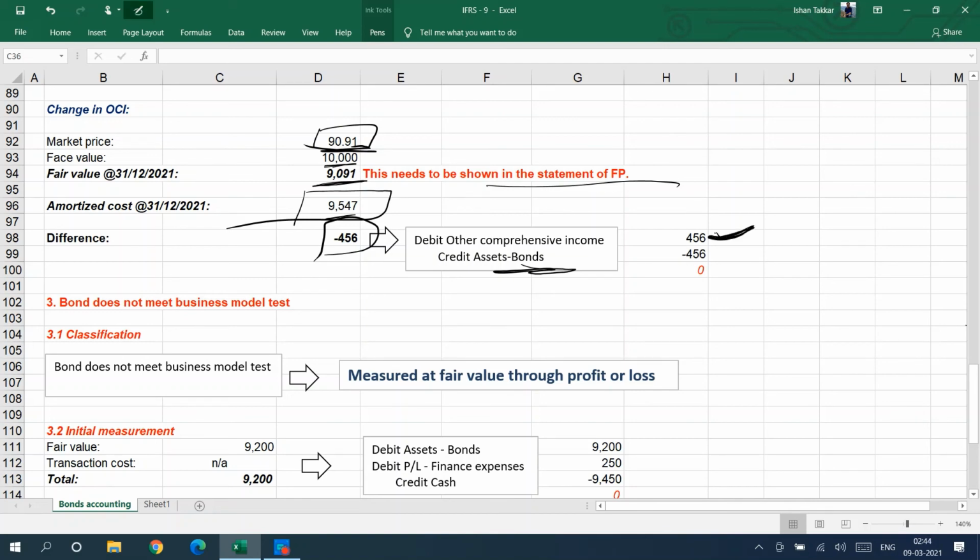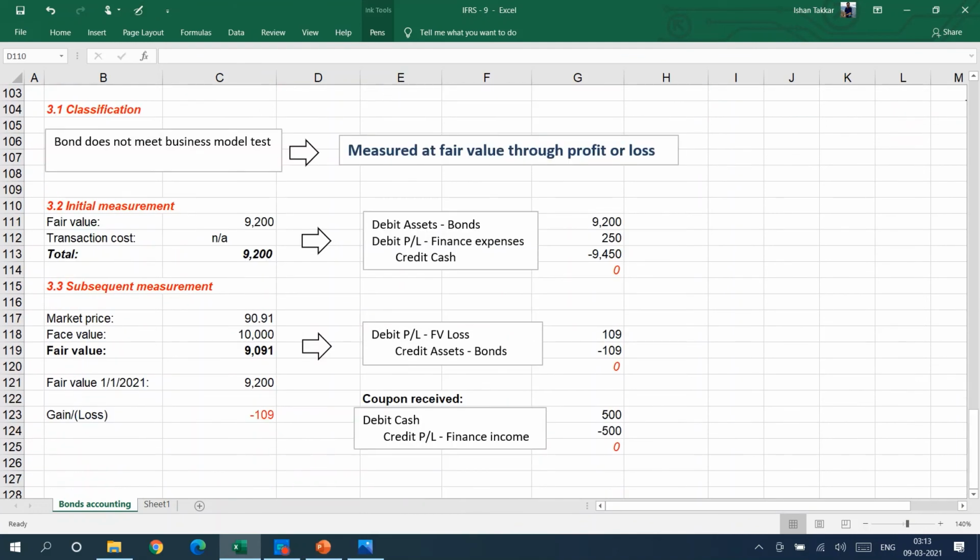This loss will be recorded in other comprehensive income. You will not take it to P&L because that is not your main objective of the business, but you have to show your asset at fair value. So you will take this loss to other comprehensive income and credit the asset, that is, other comprehensive income debit, credit bond.